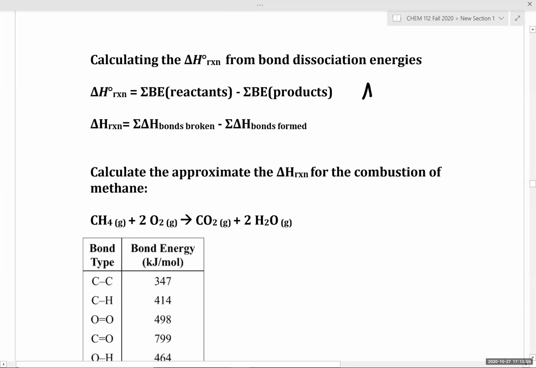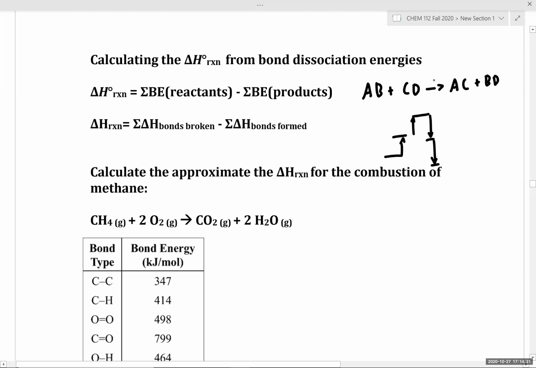So let's suppose we're looking at a typical reaction of AB plus CD leads to AC plus BD. Well, we can break this chemical reaction into a series of discrete steps. This is the fundamental principle behind Hess's law.